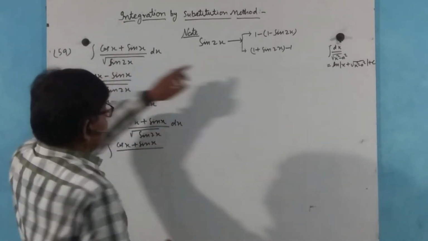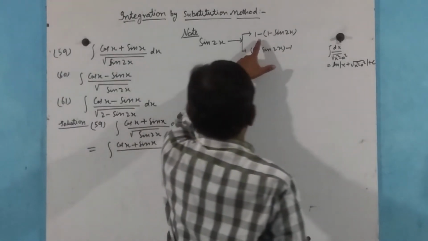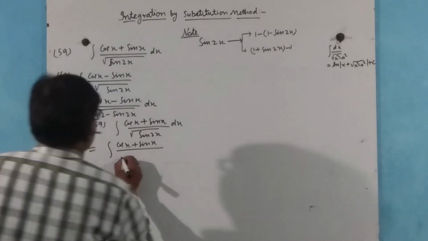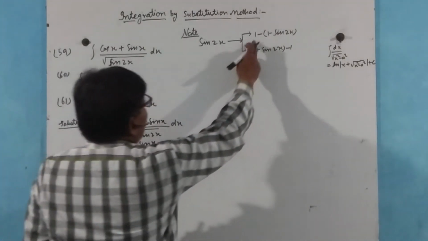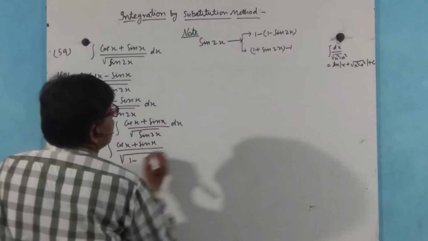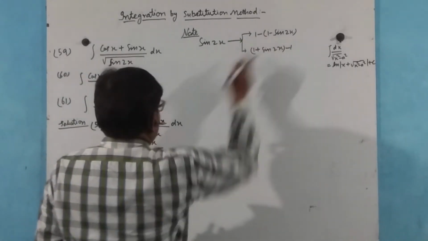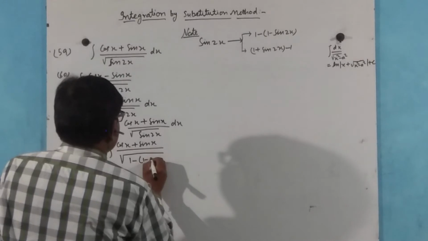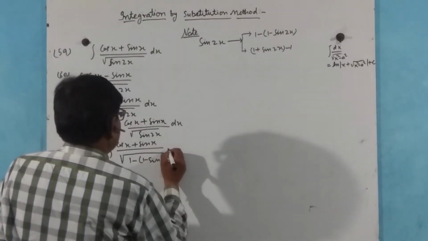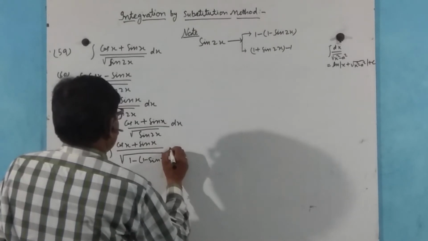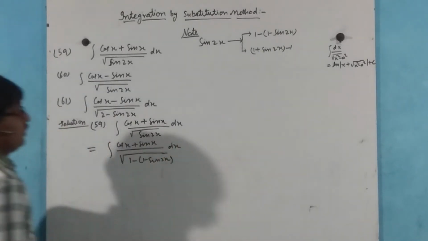In the positive case we take the negative part, so this is equal to under root of 1 minus (1 minus sin 2x) dx.